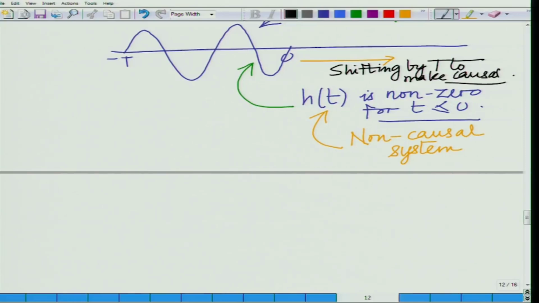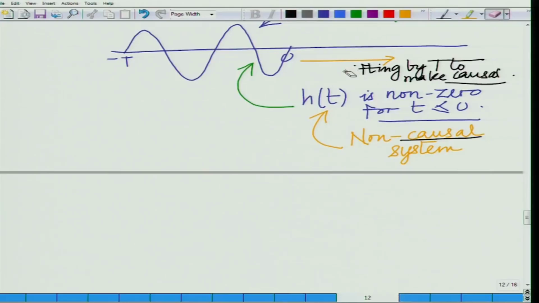That is important, and if you understand the theory of linear time invariant systems, you will realize that any impulse response which is non-zero for t less than or equal to 0 is a non-causal system, and one cannot implement non-causal systems.